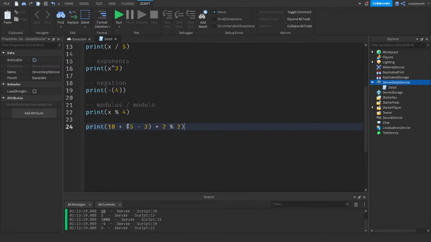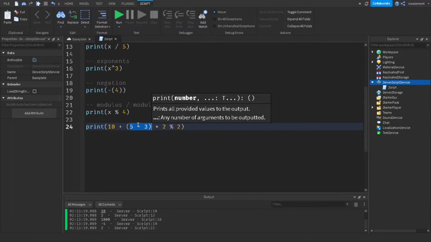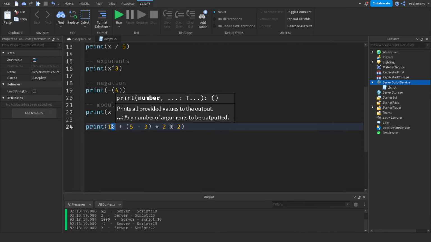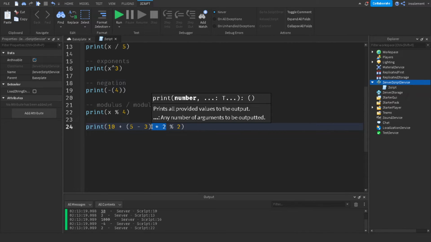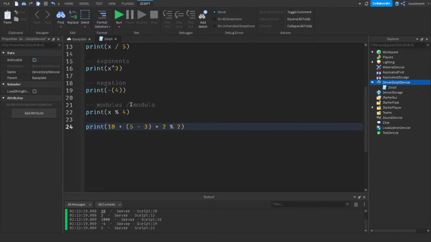Like order of operations, 5 minus 3 is 2, 2 times 2 is 4, 10 plus 4 is 14, and so 14 modulo 2, it would return 0 because there are no remainders when you do 14 divided by 2.